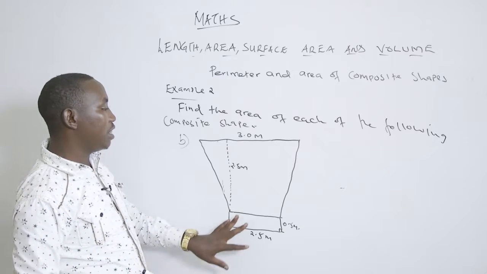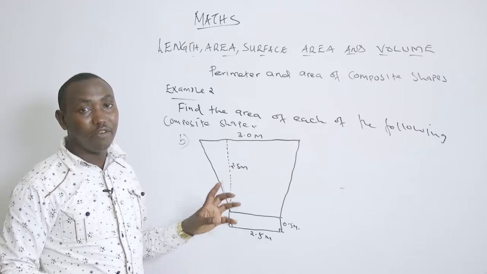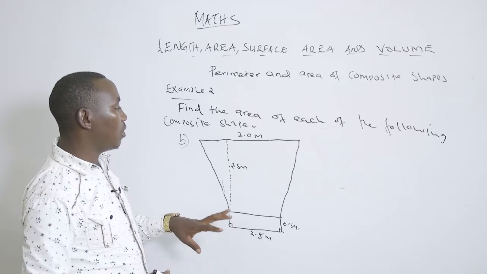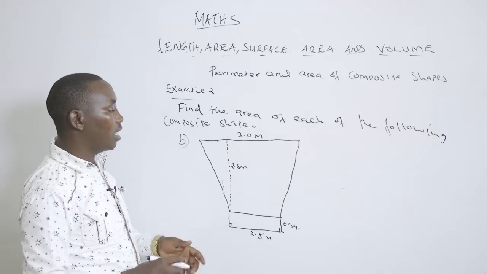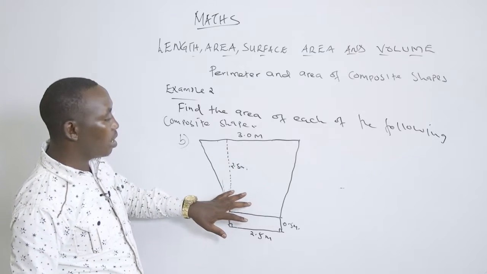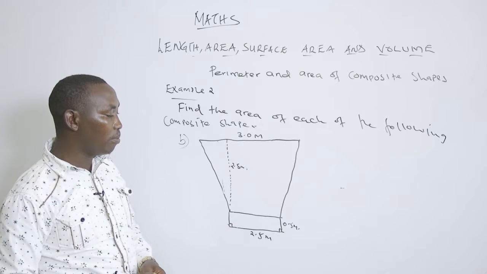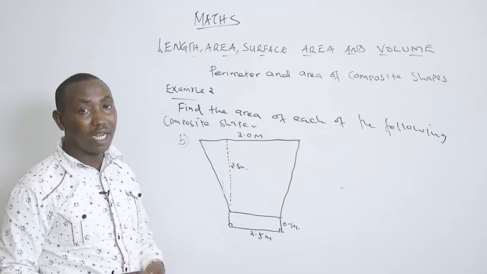So again, if you consider this, we can say that it's a composite figure, in the sense that we are having two parts. It has this first part, which has been made in the form of a trapezium, and this other shape, which is in the shape of a rectangle.